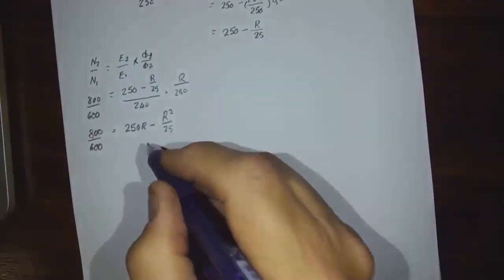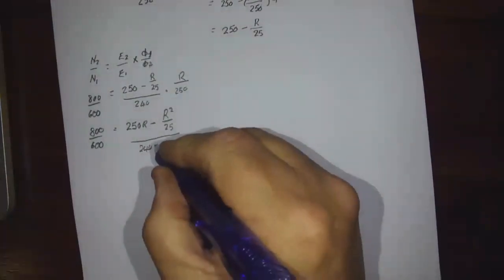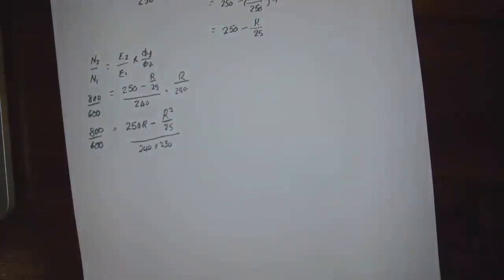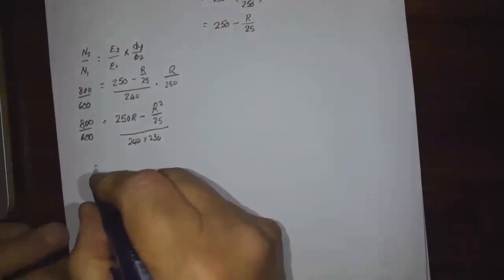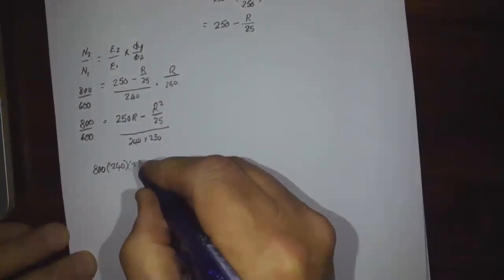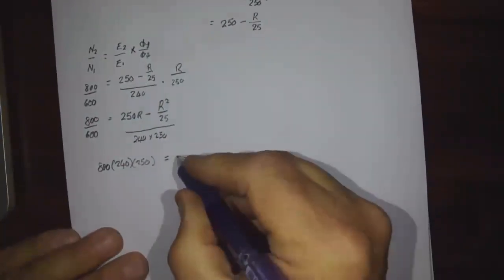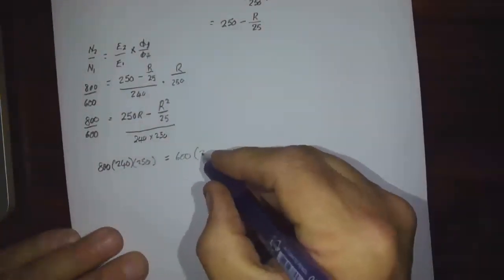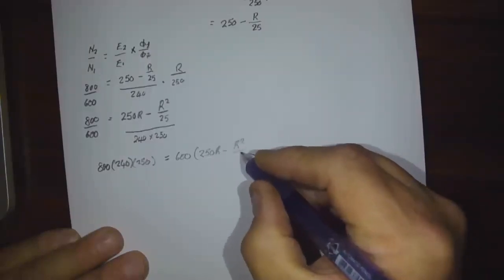Here we have divide by 240 and 250. Now we must cross multiply and see what we get. So that's 800 times 240 times 250 is equal to 600 times 250R minus R squared over 25.